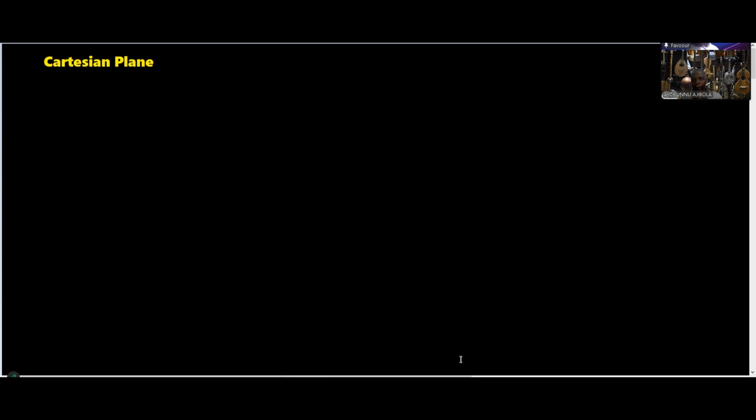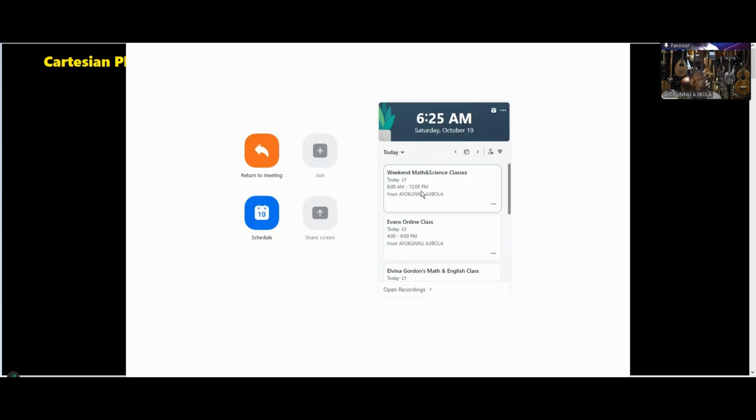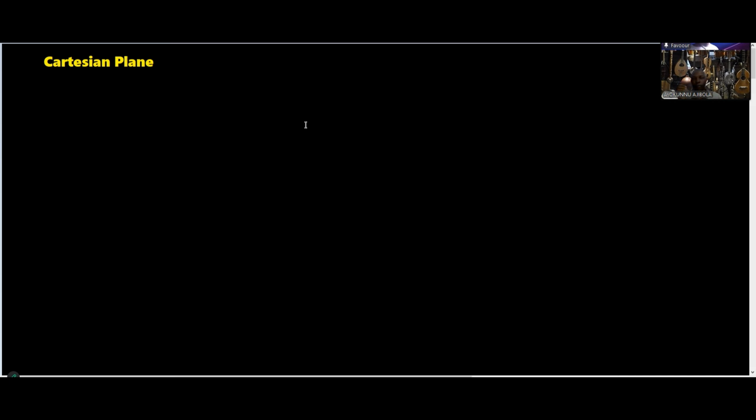On the Cartesian plane, we are simply talking about the vertical and horizontal axes. On a Cartesian plane, we have the vertical axis.